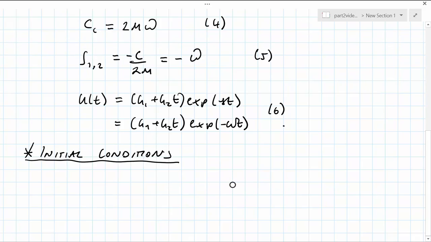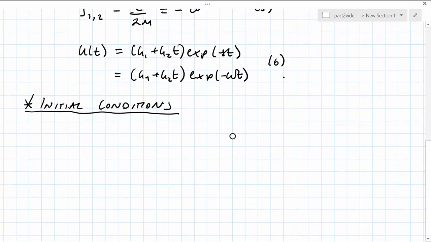To do this, we just need to apply the initial conditions, which in this case are u0 and u dot 0 at time equal to 0.